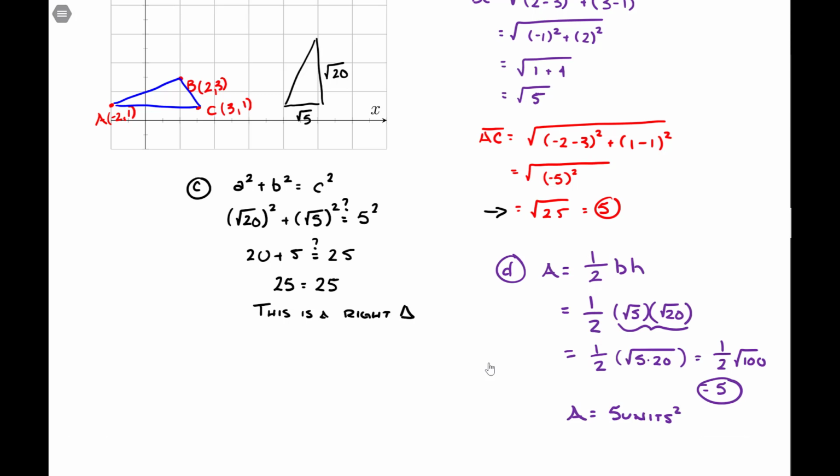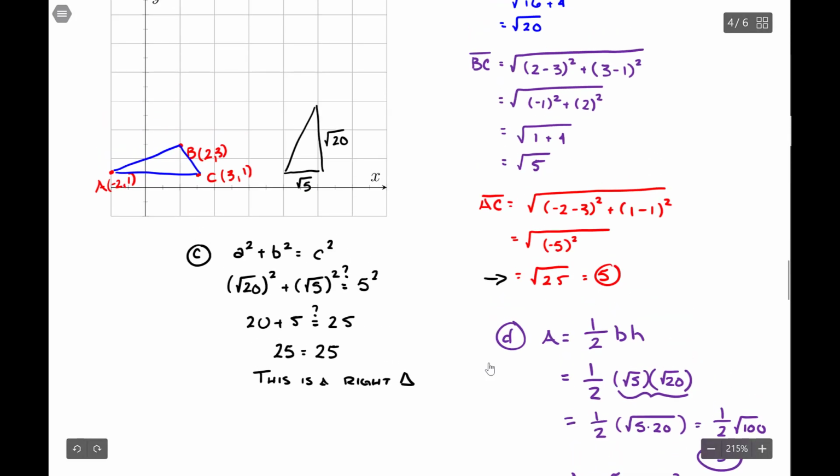Another thing that you could do as well, if you wanted to, since we do have the diagram, just to verify this solution, is we can actually count the distance from point A to point C, and we see that that is going to be -2 to 3. That's 5 units. And then the height of the triangle can be found from this point. We're looking at a vertical height, which is going to be 2 units tall.